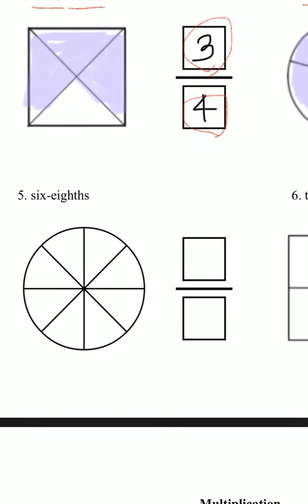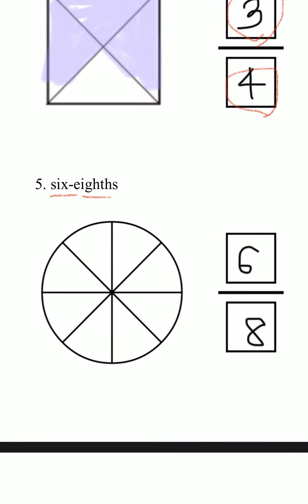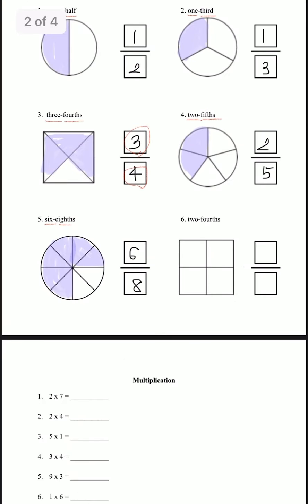So number 5, 6/8. 6 comes first, so we write 6 first, and 8th, so we're going to write 8 on the bottom. The circle is divided into 8 parts, and we're going to have to shade 6 parts of the circle. So here we have 4, and 5, 6. Okay. Now let's move on to the next page.